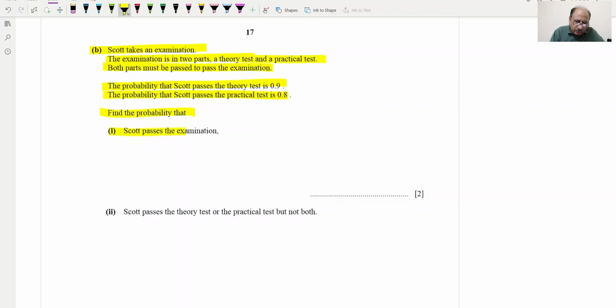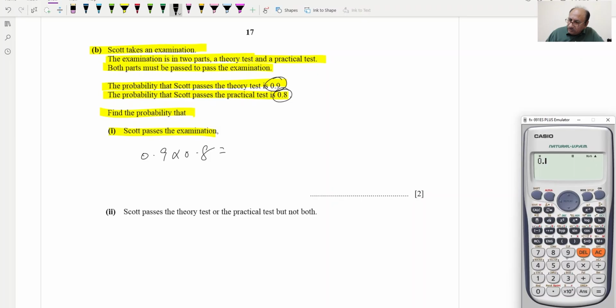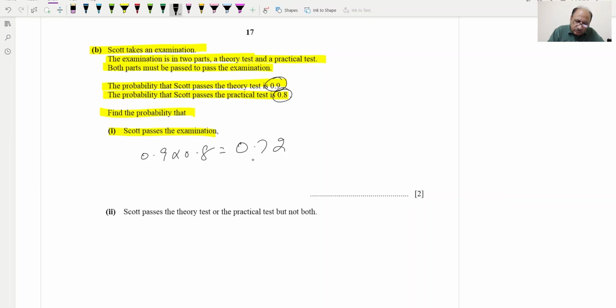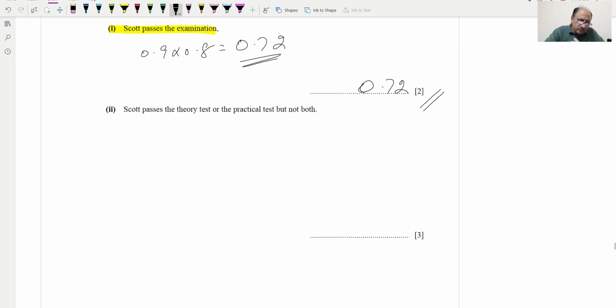Find the probability that Scott passes the exam. So for passing you need this and this probability. So 0.9 into 0.8, and this will be equal to 0.72. This will be the answer, 0.72. Straightforward 2 marks question which we are done.